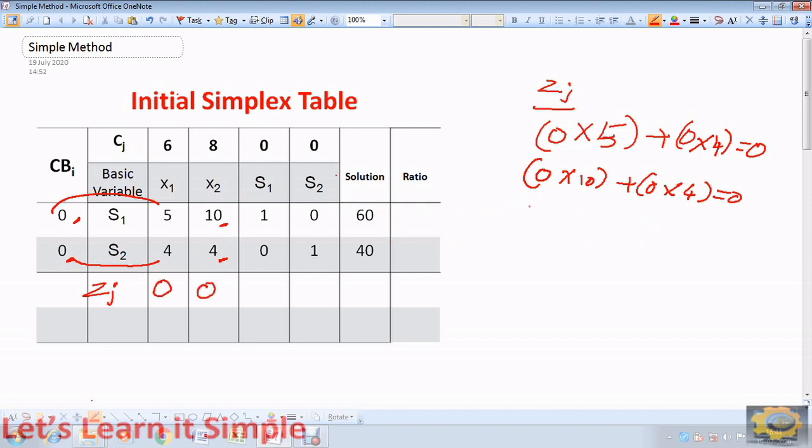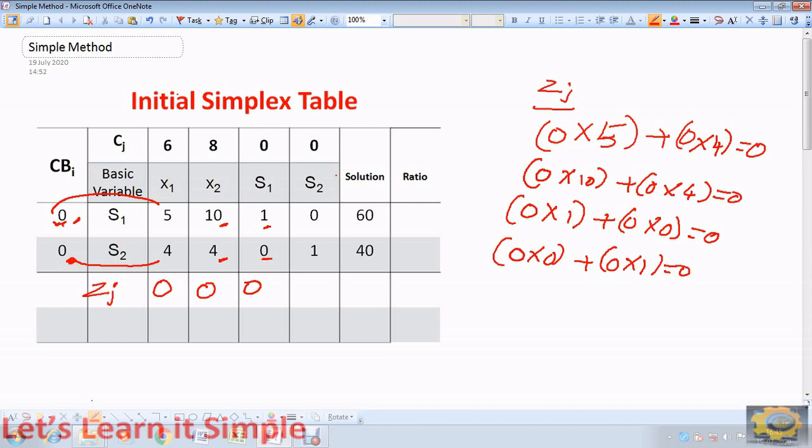Now in the third, S1 column, we have 0 into 1 plus 0 into 0, which is equal to 0. So we have 0 here. Now in the fourth one, that is the S2 column, we have 0 into 0 plus 0 into 1, again 0.